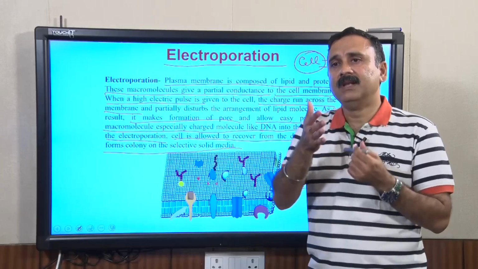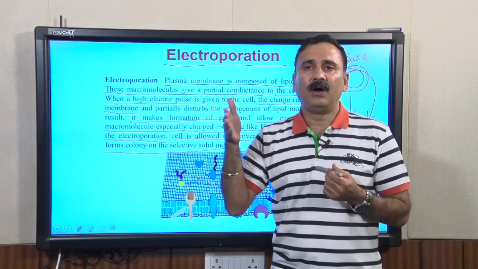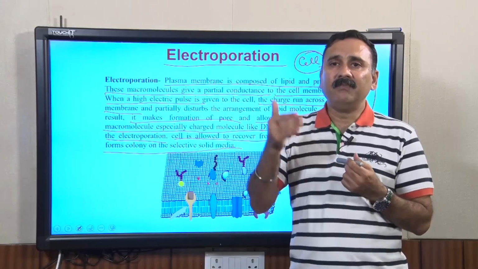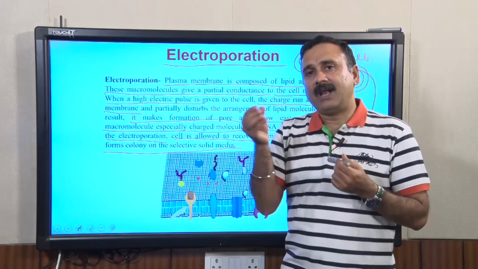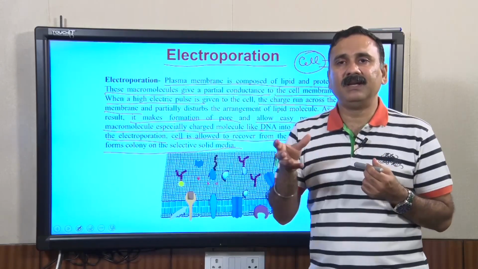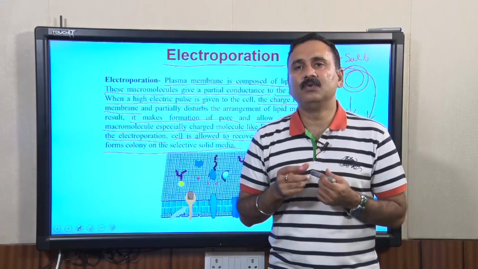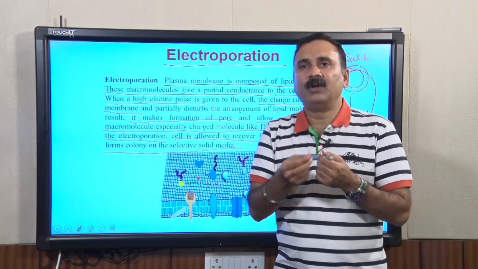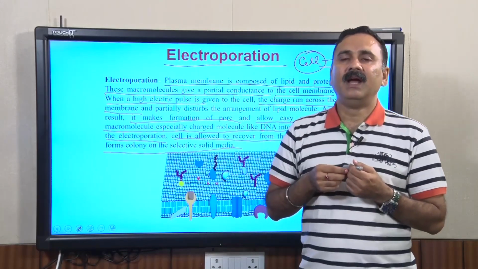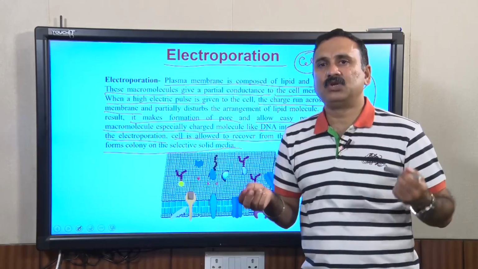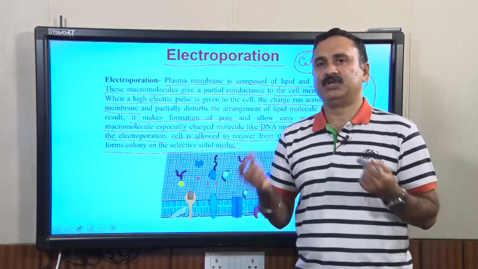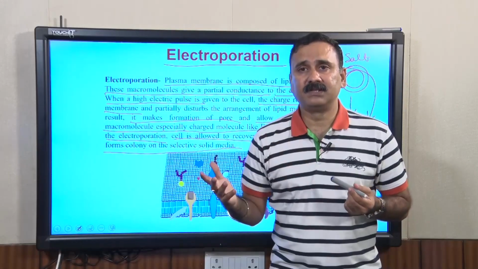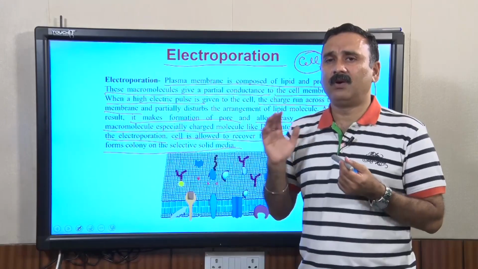What we want to disturb is the charge which is present on the plasma membrane and which is imparted by the lipids as well as the proteins, because if you allow these small ions to be present, then these small ions are going to take up all the charge and they will not pass this charge on to the plasma membrane, and as a result there will be no expansion of the plasma membrane or pore formation. So, you have to wash these cells until they are free of salts, and then they are ready for transformation.